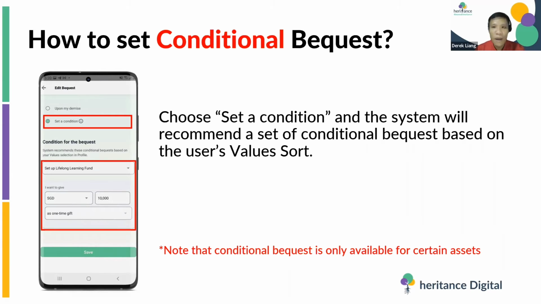This is a first in the market, where we promote conditional bequest based on the user's value system. For example, I believe in lifelong learning for my children, and upon my demise, I want my giving to be conditional on them pursuing lifelong learning to get certain rewards from my estate.